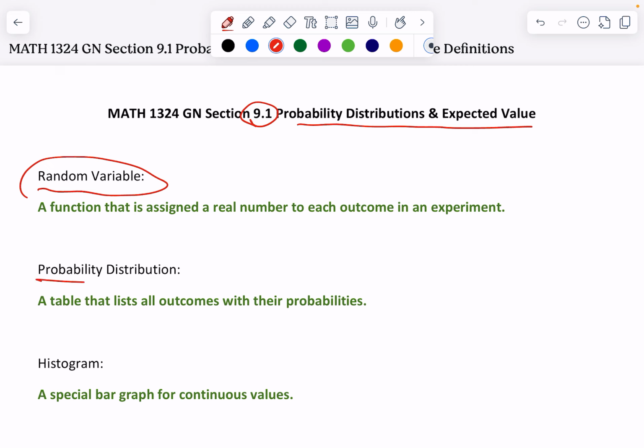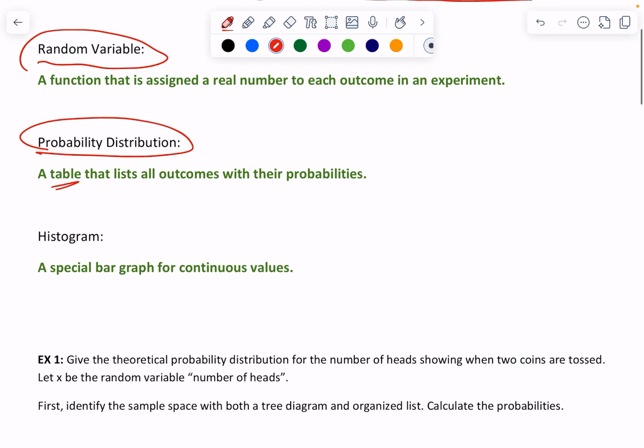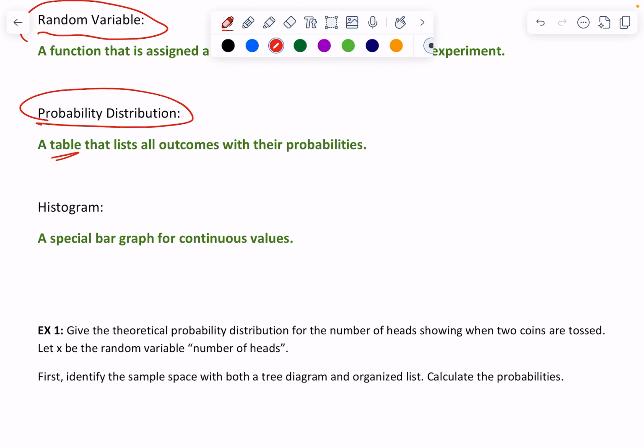Then we have a probability distribution, which is a table that lists all outcomes with their probabilities. And then the last one is a histogram, which is a special bar graph for continuous values. So we're talking about, for example, age, weight, height, and so on. Something that we can measure that is continuous.